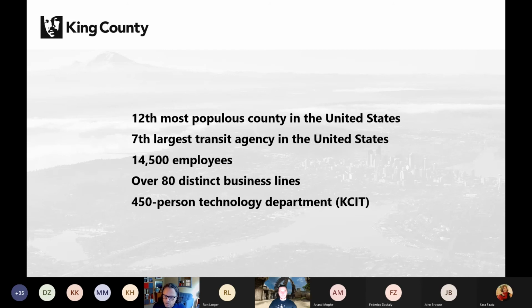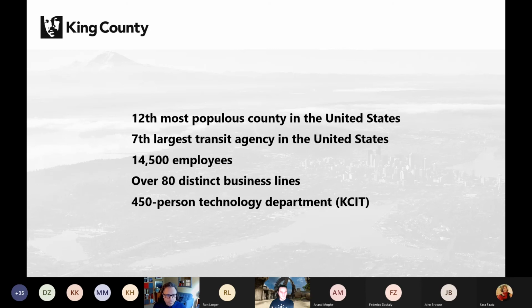And that's in some ways unique for a county government to also run a public transit agency, which contributes to our size in many cases. 14,500 employees. The county manages over 80 distinct lines of business: airport, marine transportation, jails, public health, parks, natural resources, solid waste, road services.